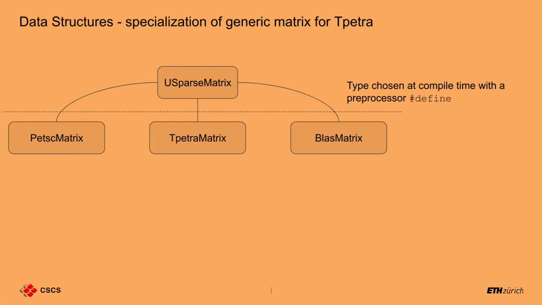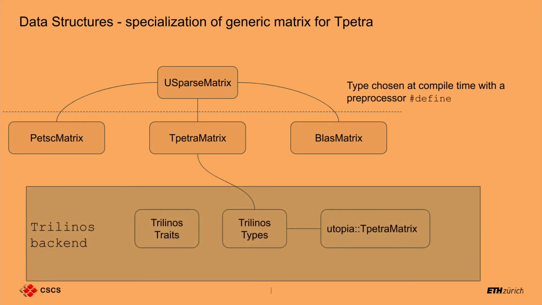There is also a backend on BLAS, which is more for debugging. And we'll decide to substitute USPASC matrix with Tpetra matrix, BLAS matrix, or PETSc matrix. So therefore, at the end, you will use the native data structure, and of course, this is at compile time. So you cannot decide to use Tpetra matrix or PETSc matrix at runtime.